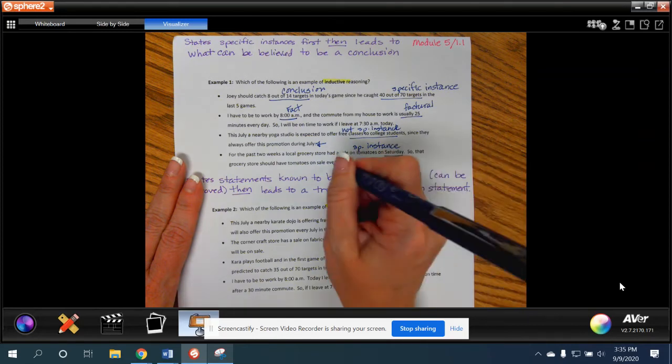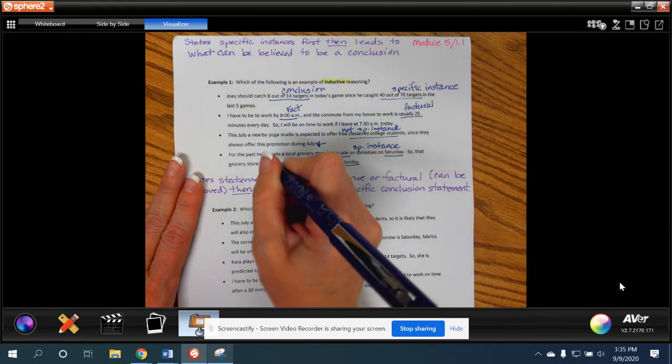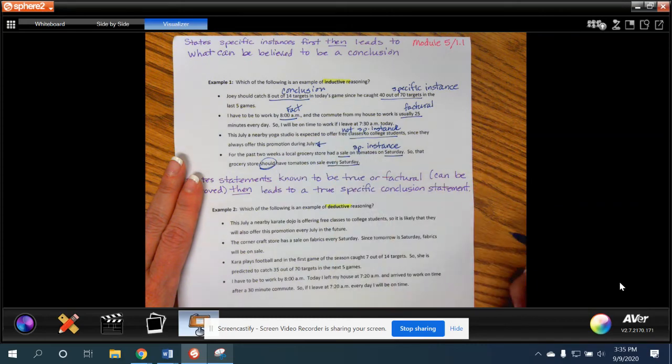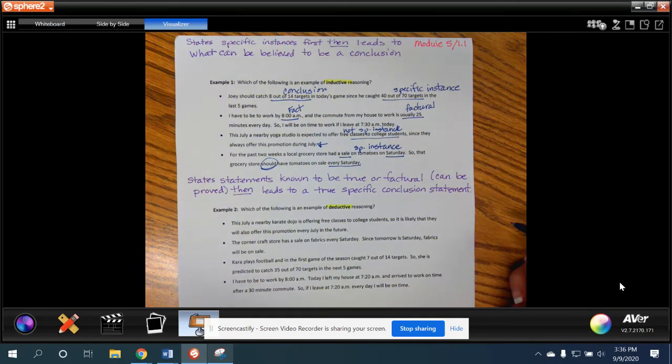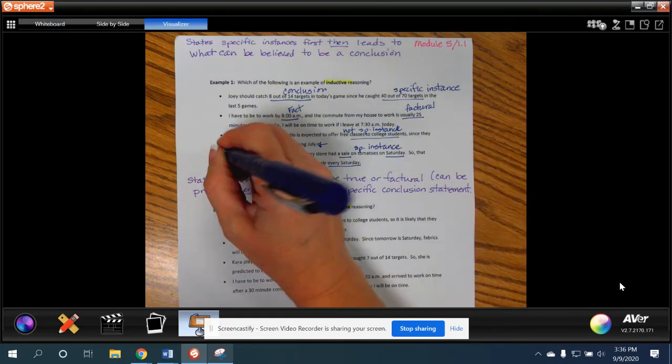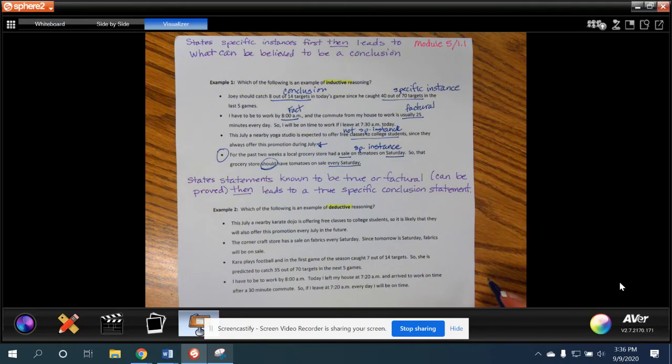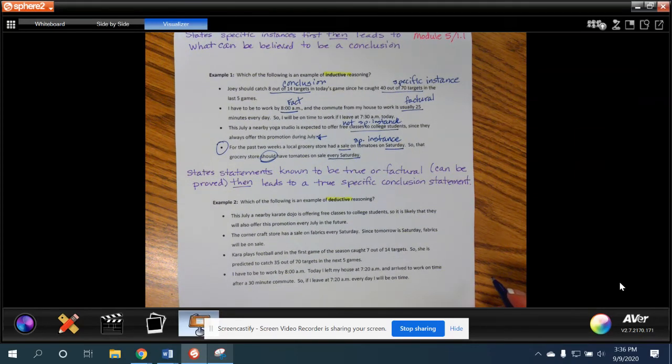Since they said specifically every Saturday, it should have a should and not a will. If it says it will have it for every Saturday thereafter, that would be too vague. But this could be believed because it starts with the specific instance. So our answer would be the fourth one in this item.